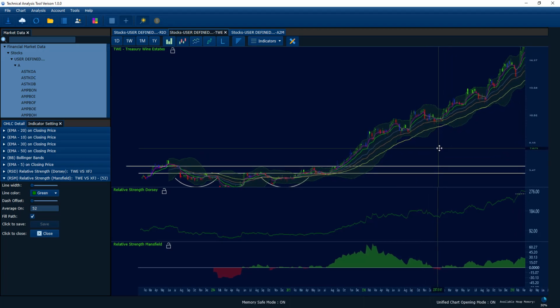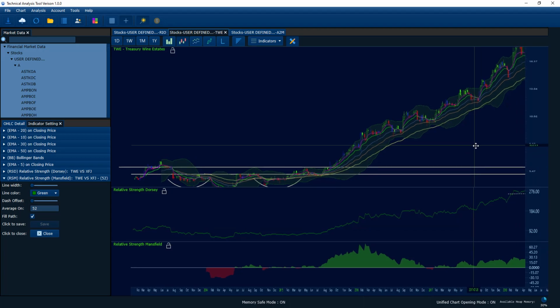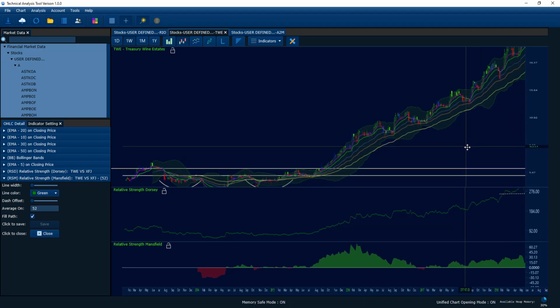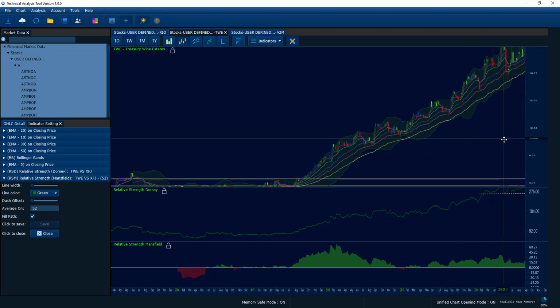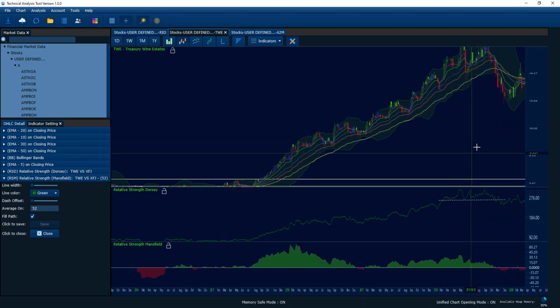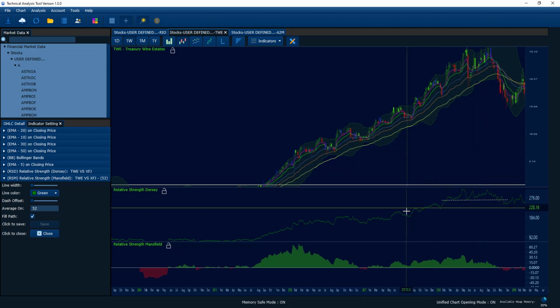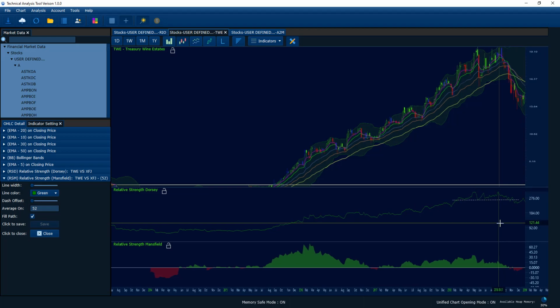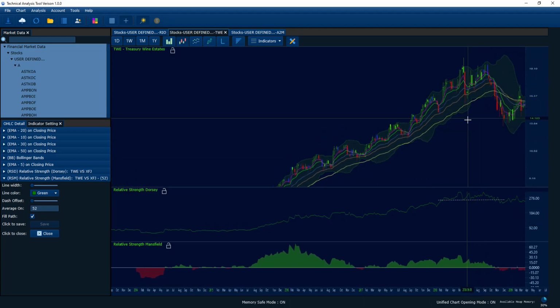Most of the time when this RSM stays above the zero, that is also an indicator that this uptrend is very strong. Okay, let's move to here. Once you can see the RSD stop creating higher highs, but price is still flattering, and the RSM is very important.